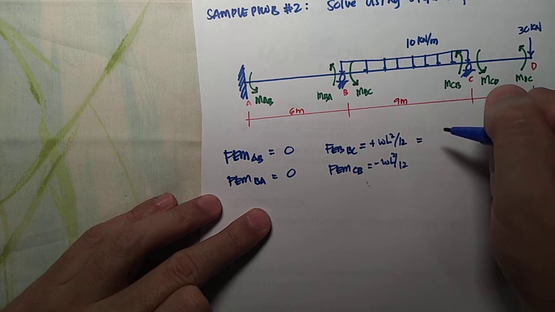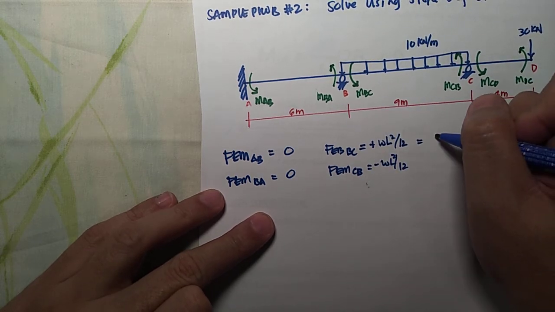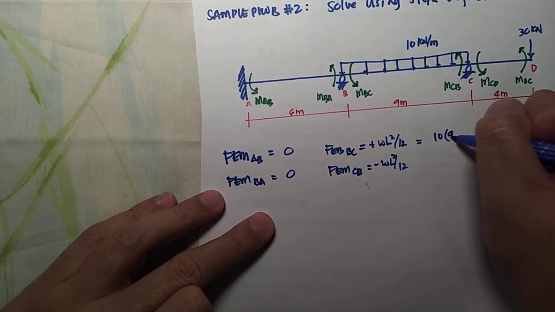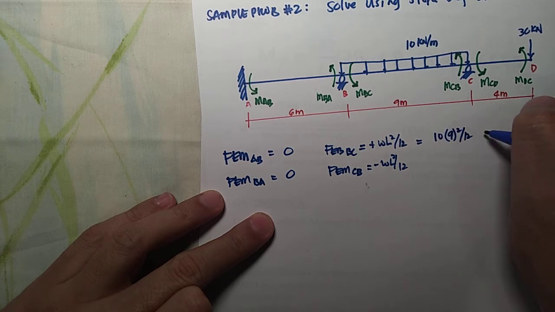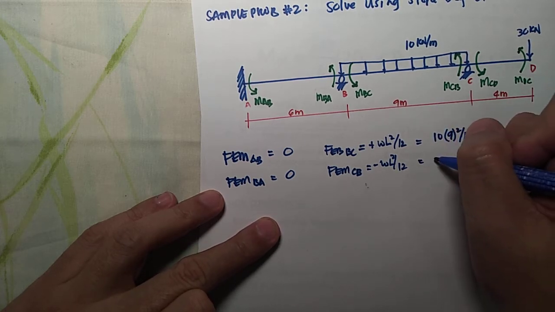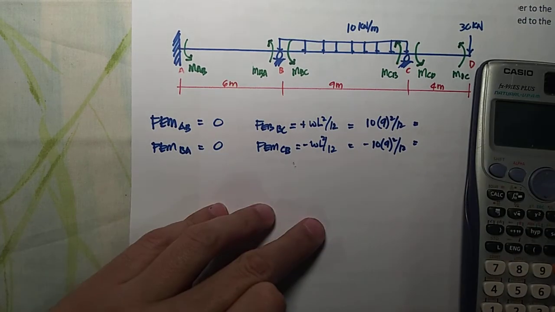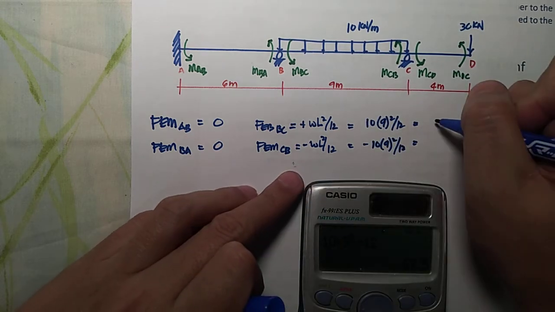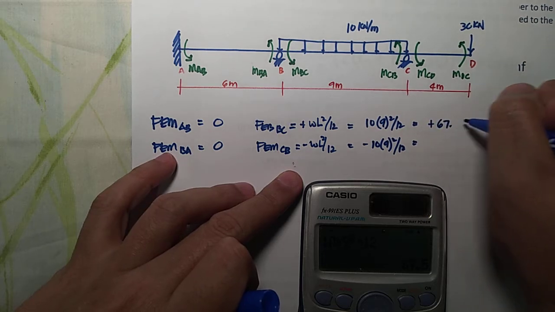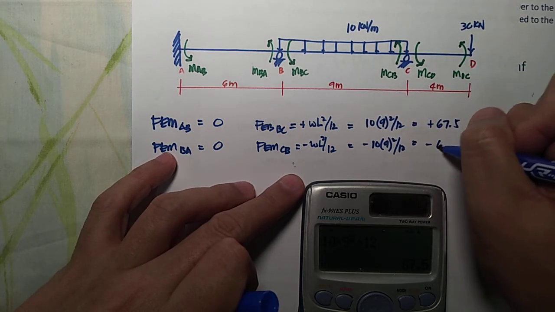So this becomes 10 times 9 squared over 12, and this one is negative 10 times 9 squared over 12. So 10 times 9 squared over 12 is 67.5. This one is negative 67.5.